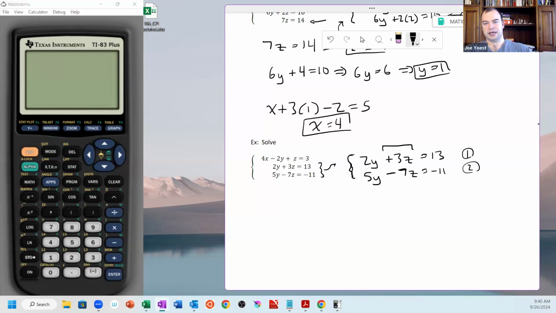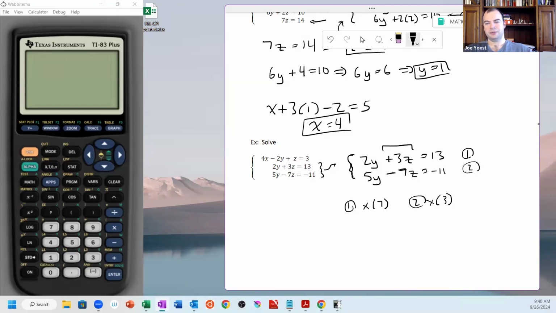If I look at 3z and minus 7z, what do I need to multiply each one by to make them cancel out? Well, I need to multiply the 3 by 7 and the minus 7 by 3. So I'm going to multiply equation 1 by 7 and equation 2 by 3.